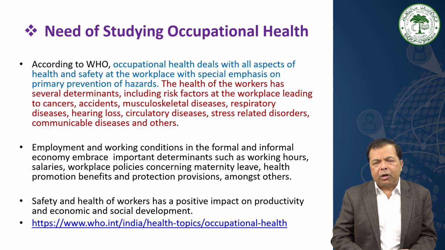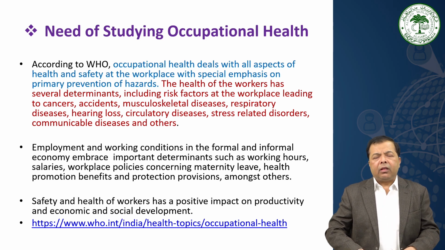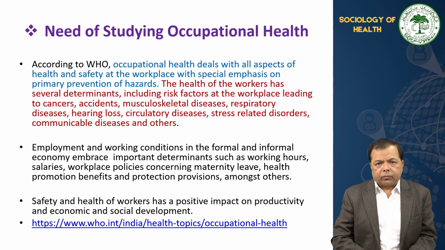Then a particular industry which is dealing with, say, some kind of gases, right? And when the workers are exposed to those gases in the industry, then what kind of problem may happen, you can imagine. So all these things we will try to understand, but here what we are trying to understand is what do we understand by occupational health and why do we need to talk about occupational health.